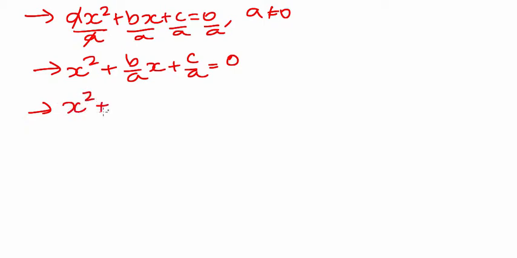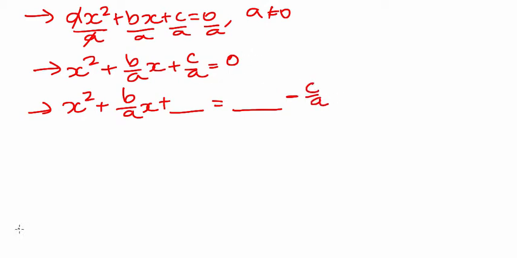Rewrite this: x squared plus b over a x plus, I want to add something. I don't know what I'm going to add yet, so I'm just going to leave this blank. That is equal to, I'm going to add the same thing over here and bring this one over, which is negative c over a.